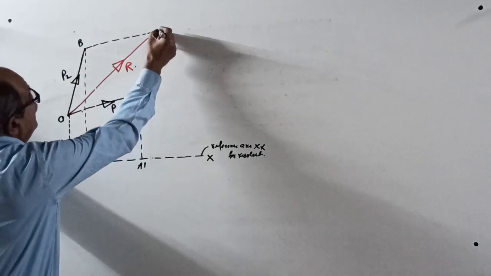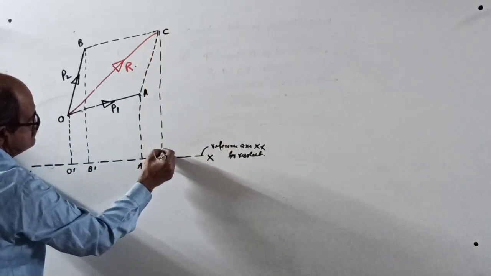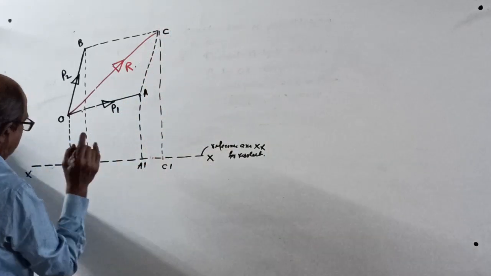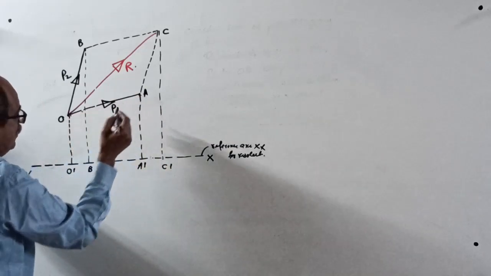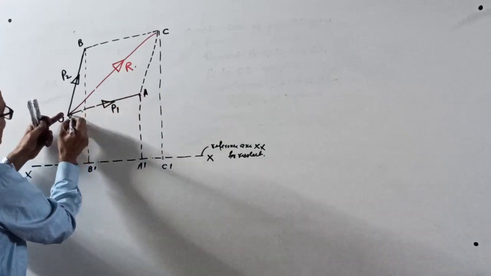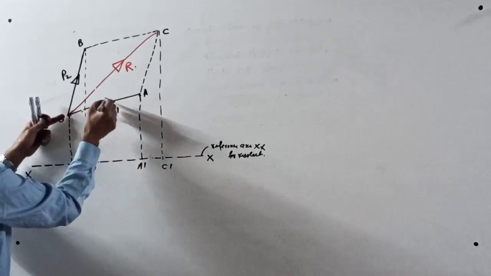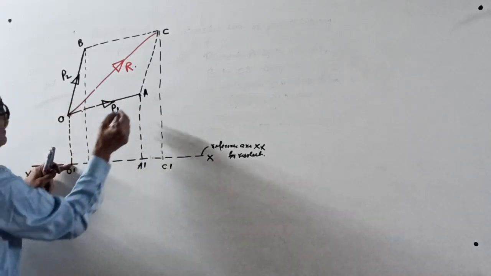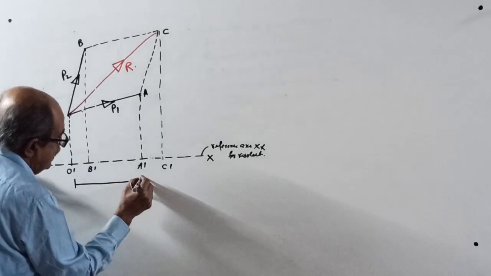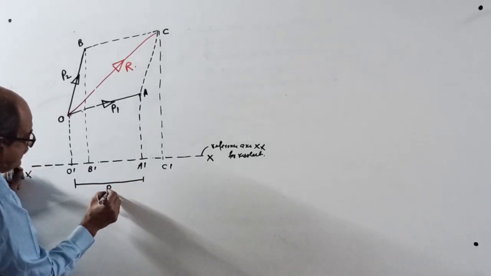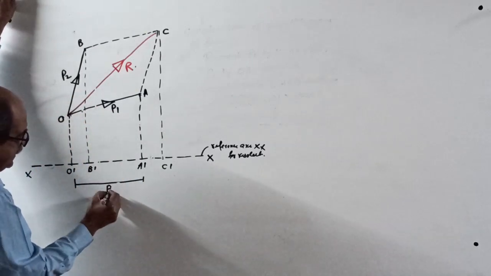Even project the point C also, C dash. Now for force P1, this is the x component. P1 starts from O dash, ends at A dash. So this is your P1x.